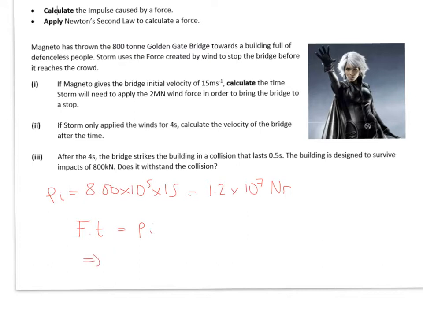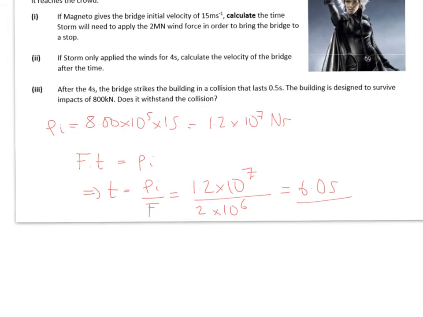So we essentially need to get the time, we're going to do the momentum divided by force, so 1.2 times 10 to the 7 divided by 2 meganewtons, so that's 2 times 10 to the 6. So that's going to end up being 0.6 times 10 to the 1, so it's just going to be 6.0 seconds once you calculate it.